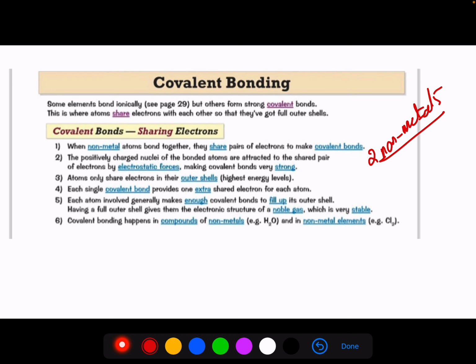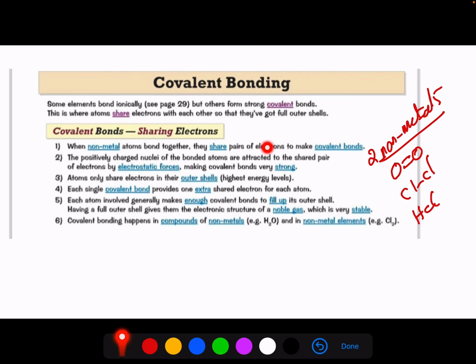It could happen within the same nonmetal, for example, if an oxygen atom is bonding with another oxygen atom, that's a covalent bond. Chlorine with chlorine, that's a covalent bond. Or two different nonmetals, for example, hydrogen and chlorine. That's also a covalent bond, okay?